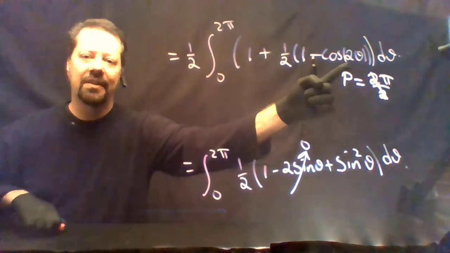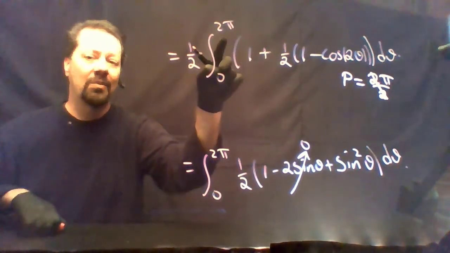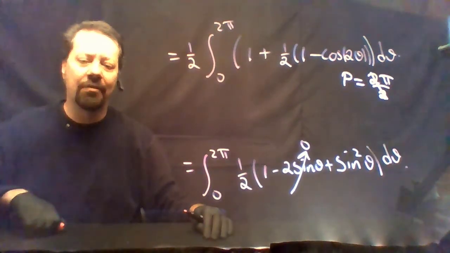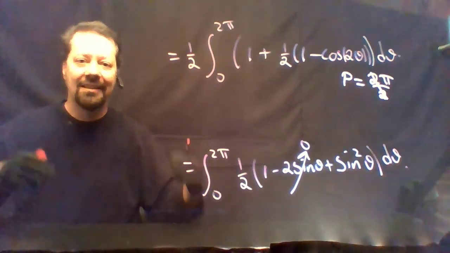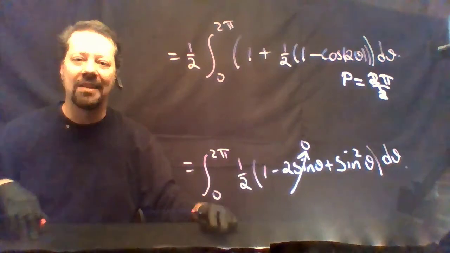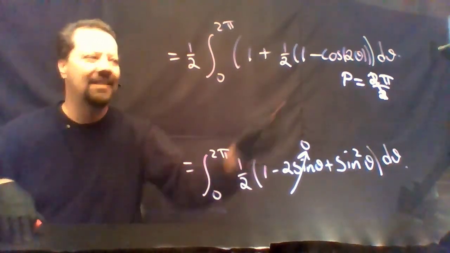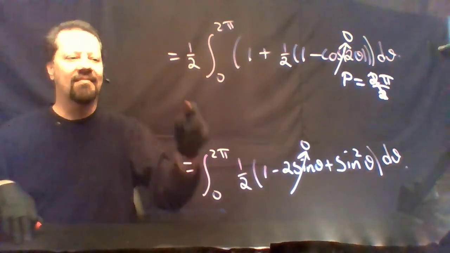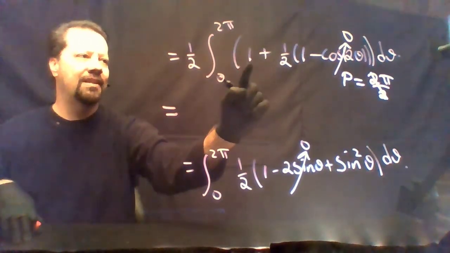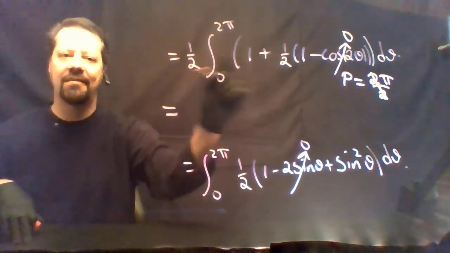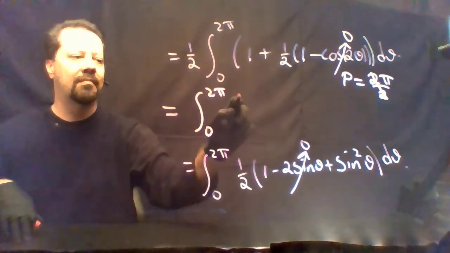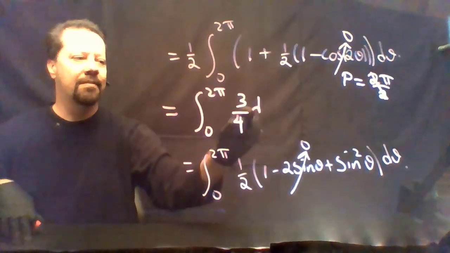The period of this function is pi. We're integrating over 2 full periods. If you integrate cosine over 1 period, you get nothing. If you integrate cosine over 2 periods, you get doubly nothing. So this is 0. All that's left is 1 plus 1/2, which is 3/2, times 1/2. We'll have 3/4.